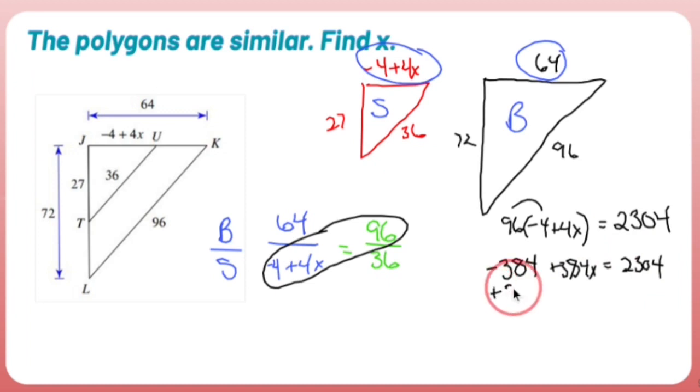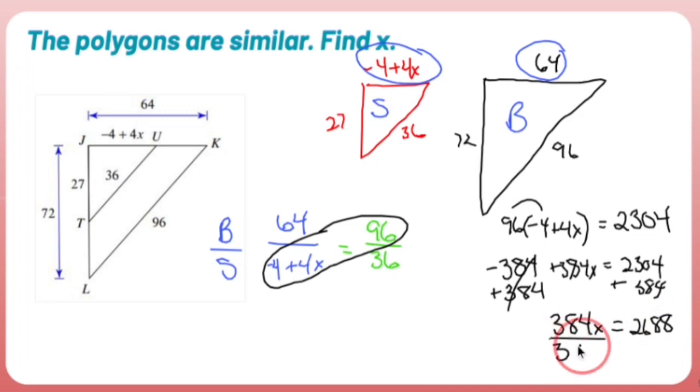If I add 384 to both sides, that gets me 384x equals 2,688.